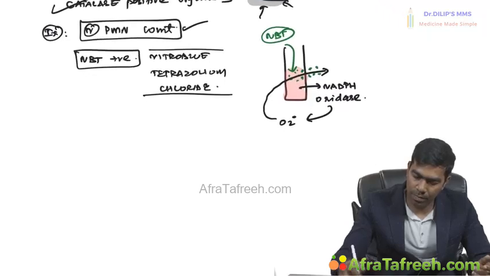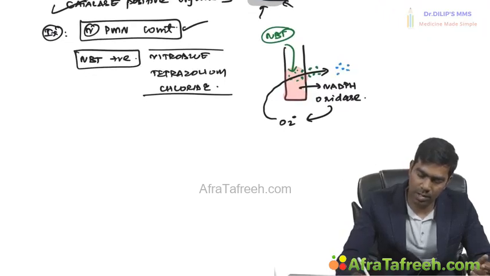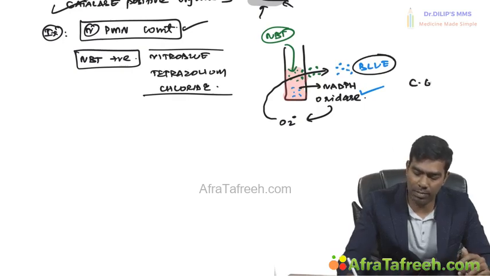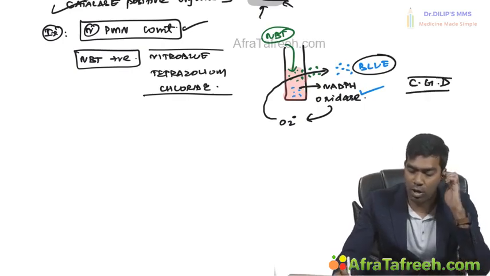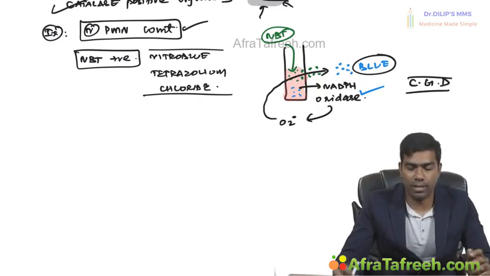So you will see a blue color if NADPH oxidase is present. If NADPH oxidase is not present, the blue color will not happen. That indicates deficient production of oxygen free radical, which can only be due to NADPH oxidase deficiency, thus telling the patient is likely suffering from chronic granulomatous disease.